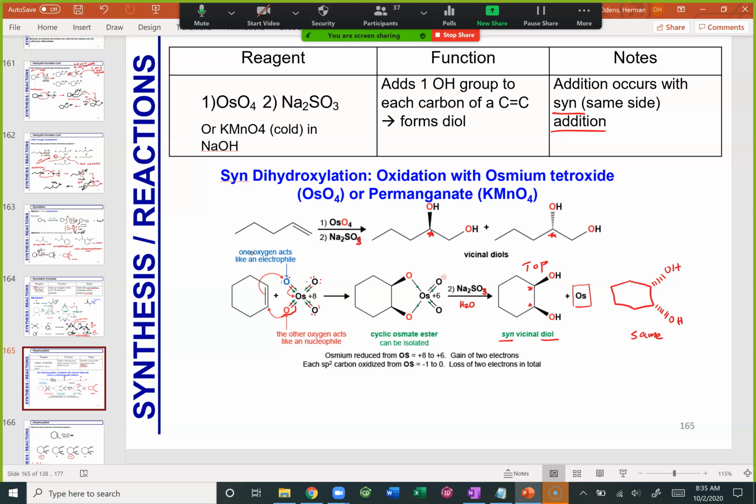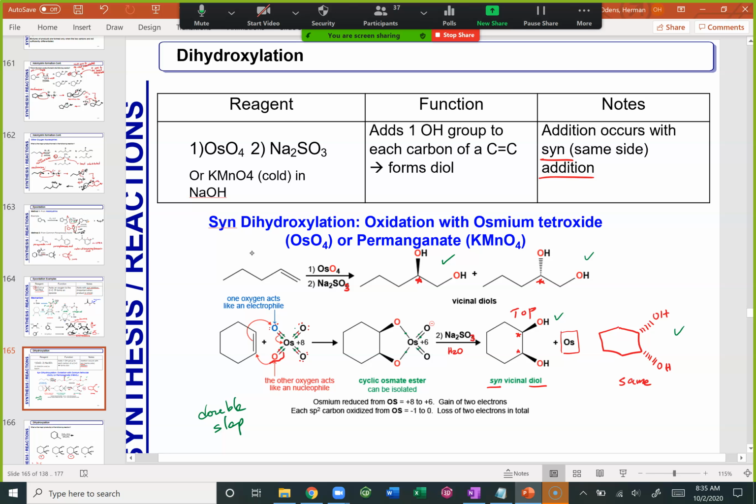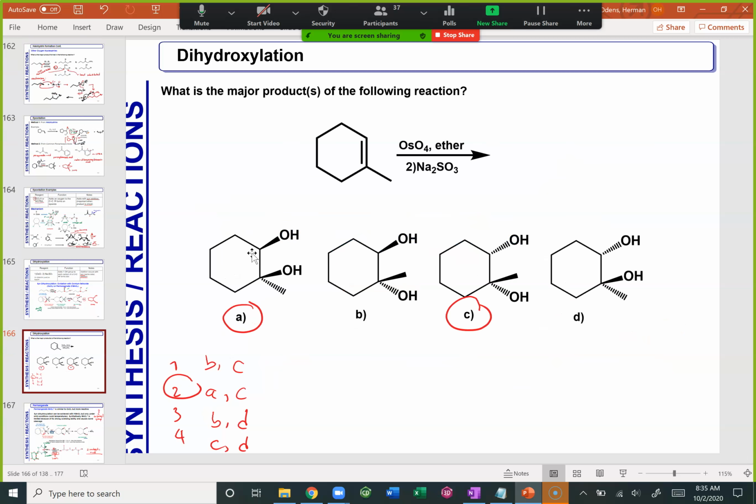Also, this is a double slap mechanism. This is dihydroxylation. It will be on the exam, even though I didn't practice it. This is very useful and usually easy to spot because you make diols. They will be up or down, but in this case symmetrical, so it's the same. But not necessarily when you have something like this. So check this out.